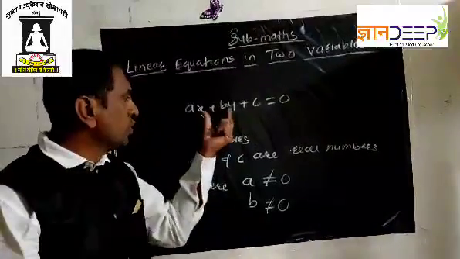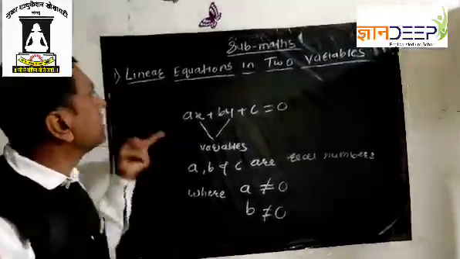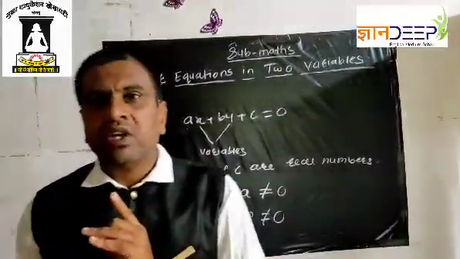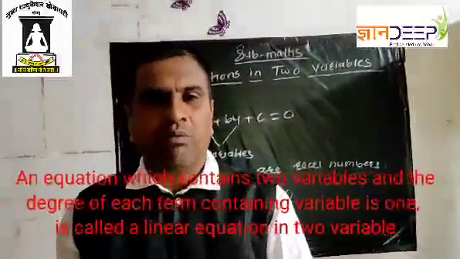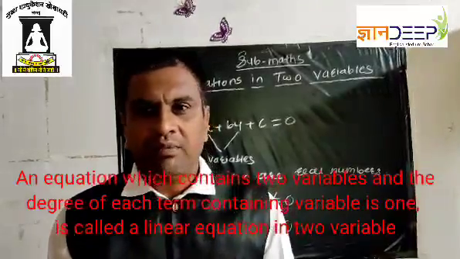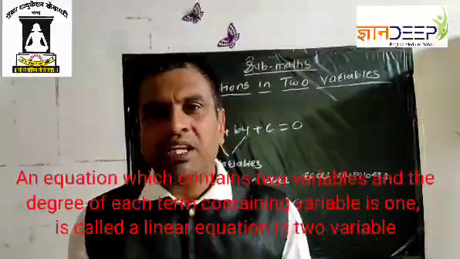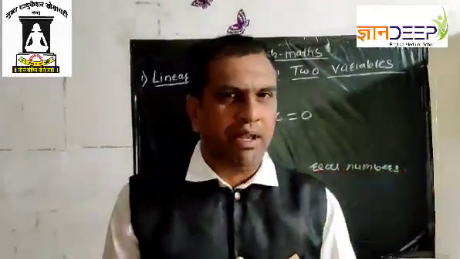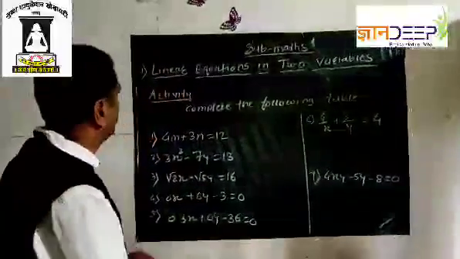When we complete these two conditions in the given equation, then the given equation is the linear equation in two variables. In mathematical language, an equation which contains two variables and the degree of each term containing a variable is 1 is called a linear equation in two variables.